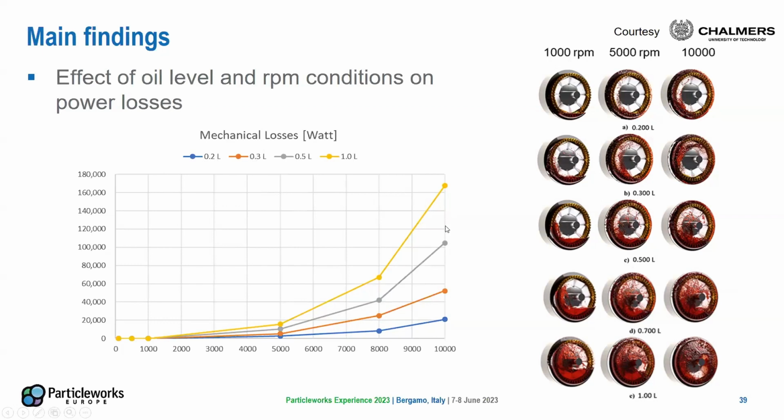So you can see that it's not a linear increase. So even if, of course, at 1 liter we can have better cooling, this basically represents, let's say, twofold, if not more, increase in the mechanical losses.